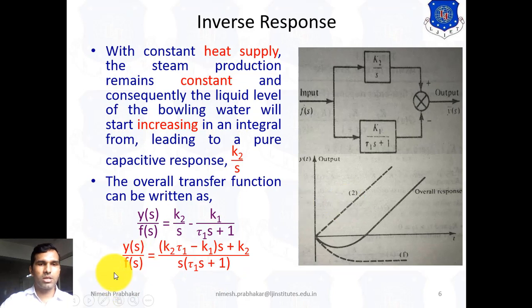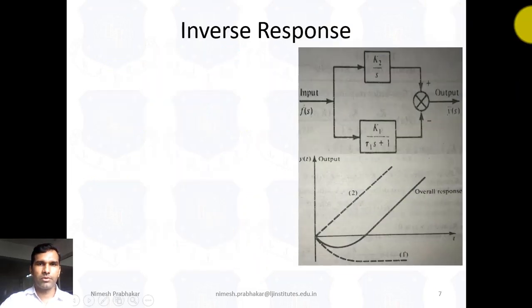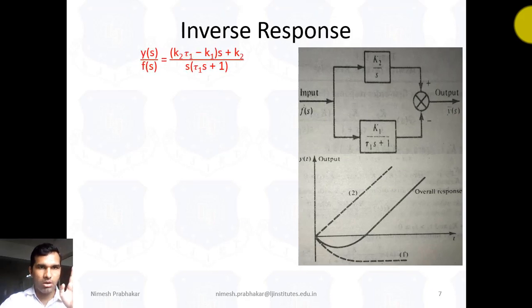We can simplify this equation as (K2 tau 1 minus K1)s plus K2, over s(tau 1 s plus 1). So this is the final equation of the overall response of the system.